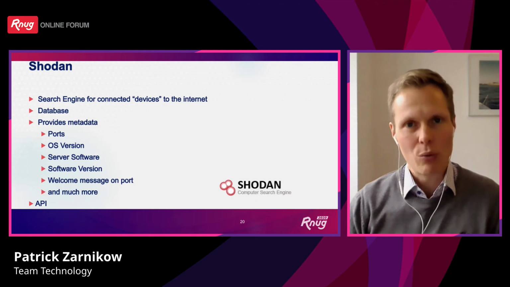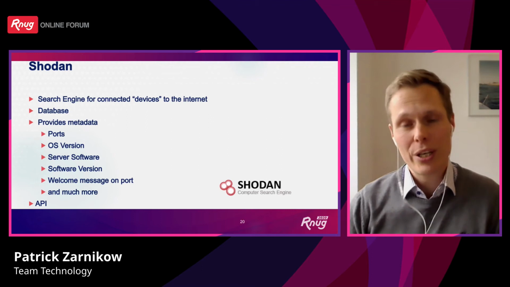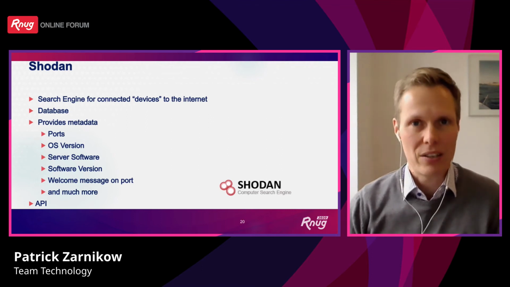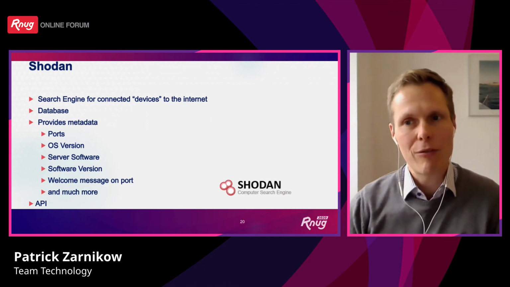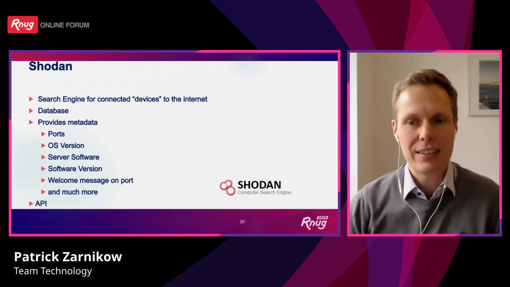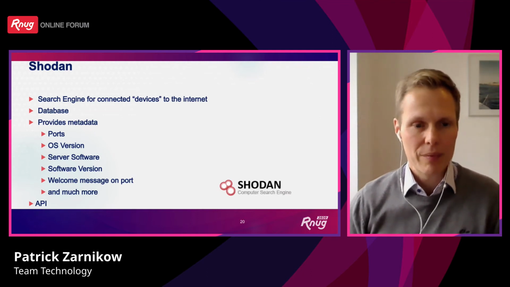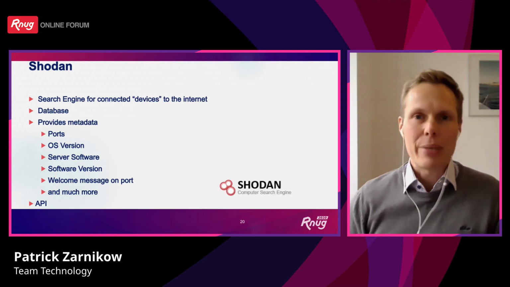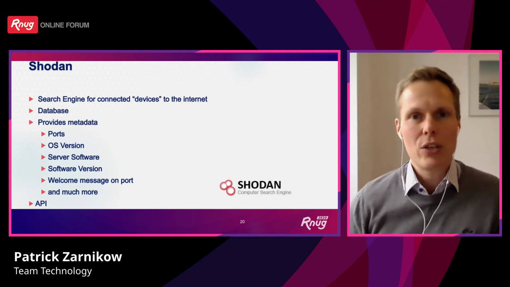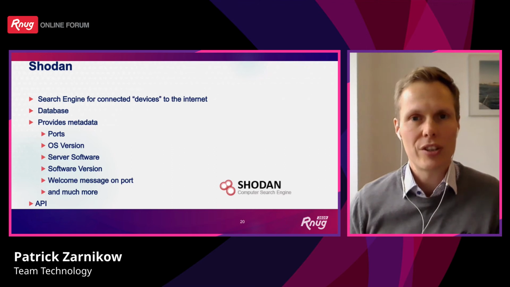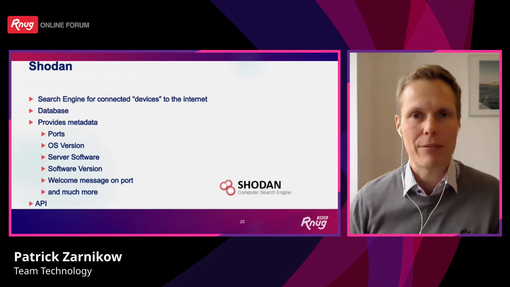This is very, very helpful for security researchers, but also for attackers that are out there scanning for devices that are attackable and have old versions of software. They also provide an API you could use and integrate into your applications. So this helps if you want to have quick searches.